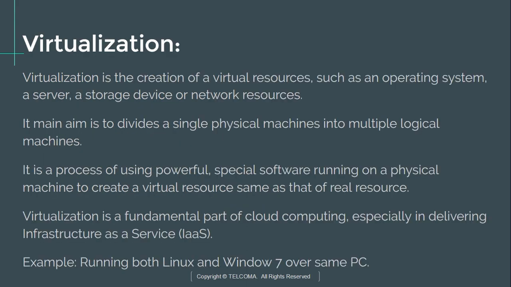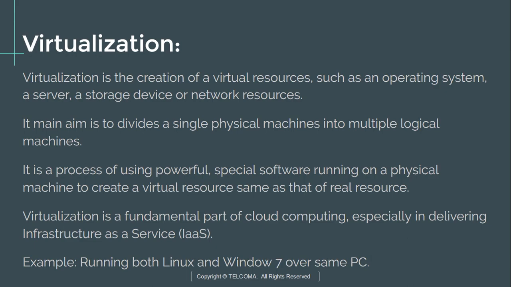Virtualization is the creation of virtual resources or virtual devices, such as virtualization of an operating system, virtualization of a server, virtualization of storage devices, and creating virtual network resources. The main aim of virtualization is to divide a single physical machine into multiple logical machines.